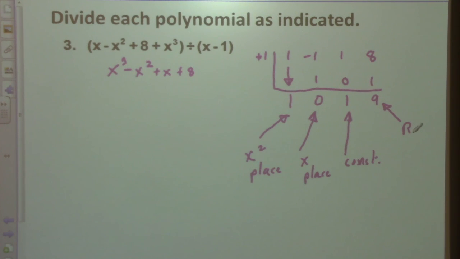This is our remainder. Let's abbreviate remainder. So our summary statement is going to be x squared plus a 0, so I'm just going to ignore that and not put anything there, plus 1 plus our remainder over x minus 1.